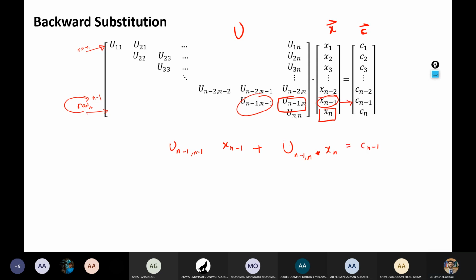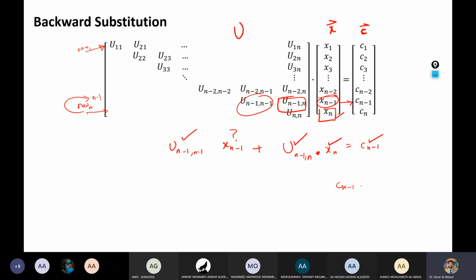And in this equation, all the values in the u are coefficients which we know. This is known, that is known, c(n-1) is known, and xn we just found. So the only unknown is x(n-1). Can we find it?